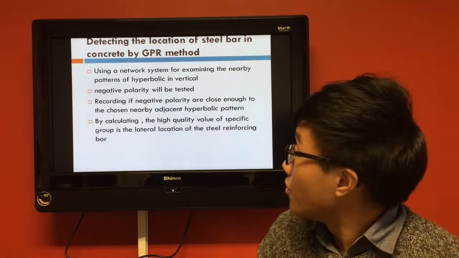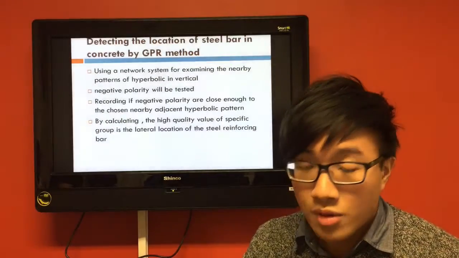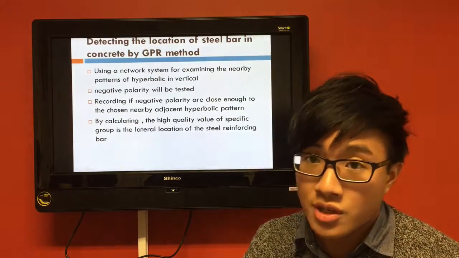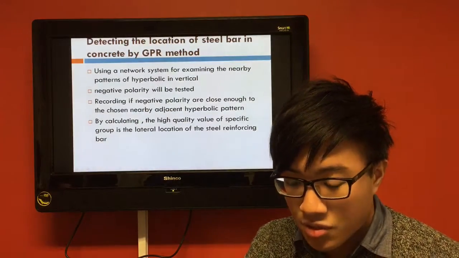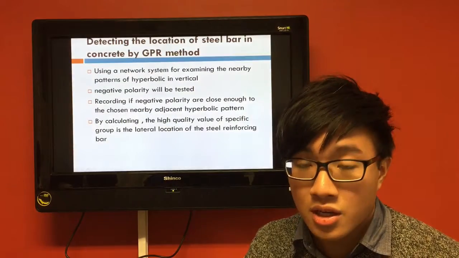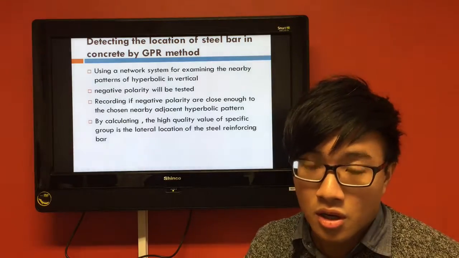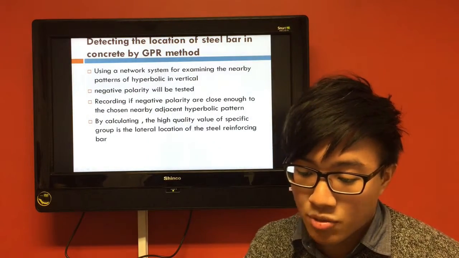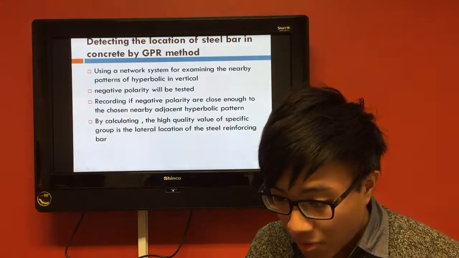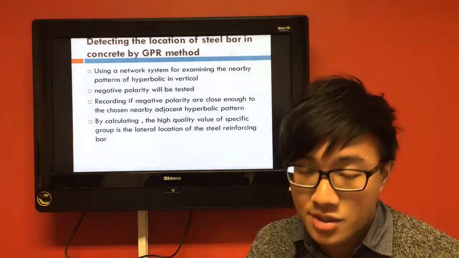A network system using ground penetrating radar will be used in this method. The system is used for testing the nearby hyperbolic patterns in the vertical direction. The nearby hyperbolic patterns which have negative polarity are required to be tested.